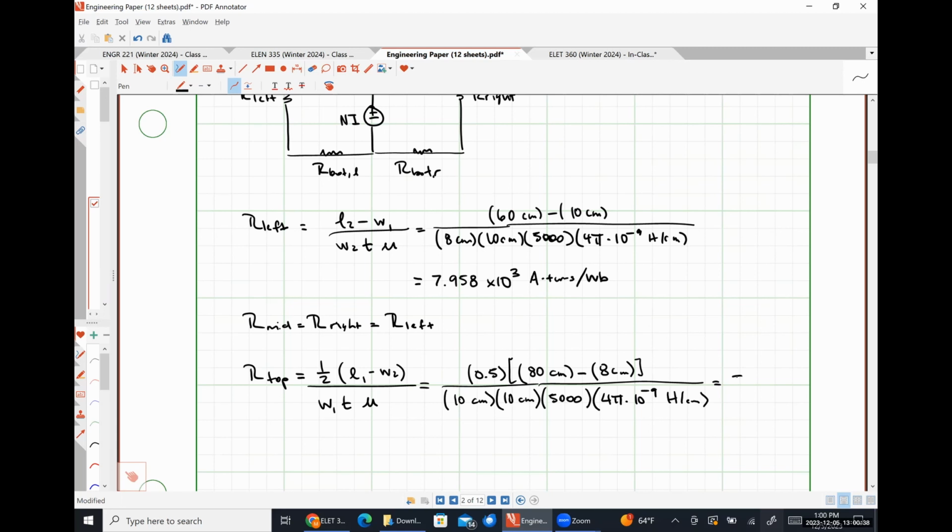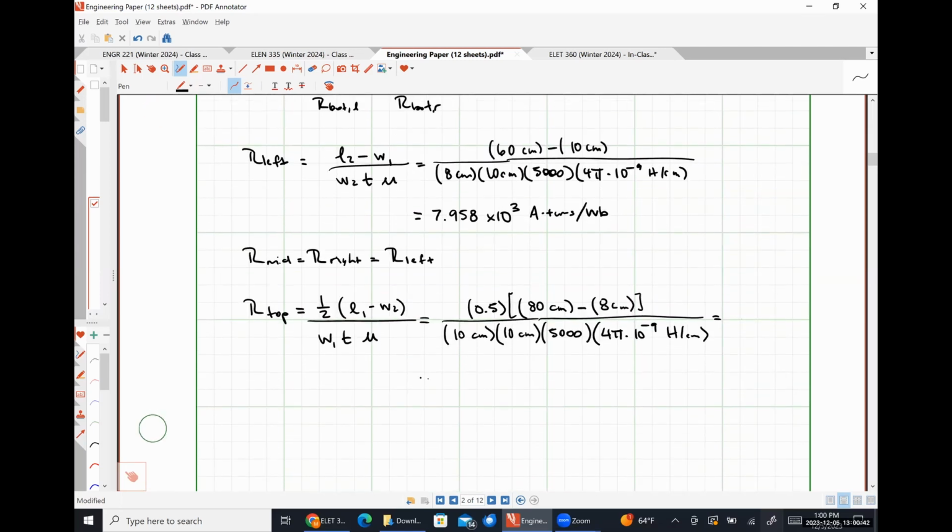I get, let me write it down here, 5.730 times 10 to the 3 amp turns per Weber.